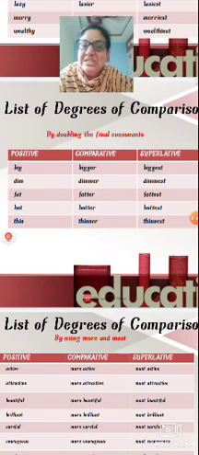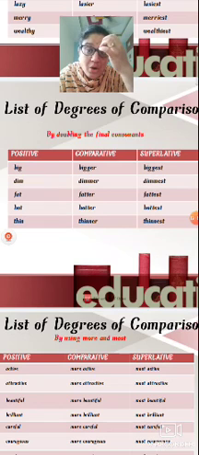We have doubled the consonant and then made the word. Fat, fatter, fattest: T-T-E-R, T-T-E-S-T. Next, hot, ending with T: hotter, hottest.